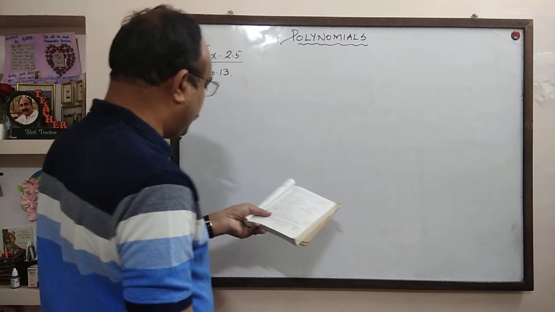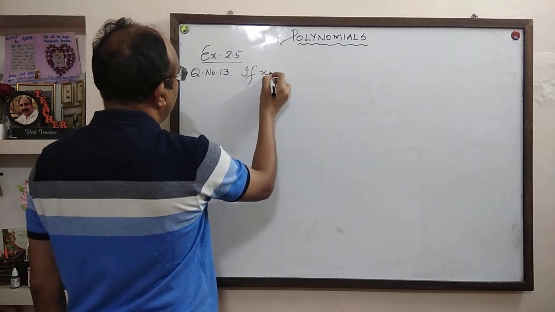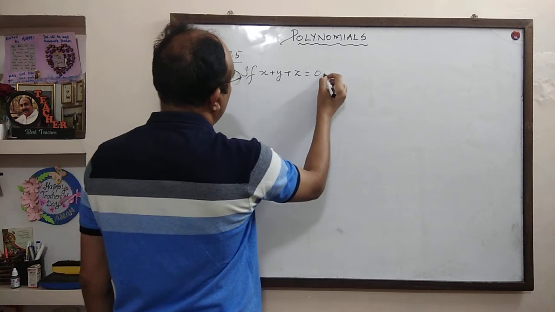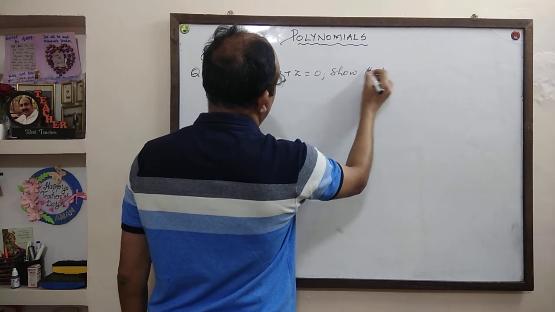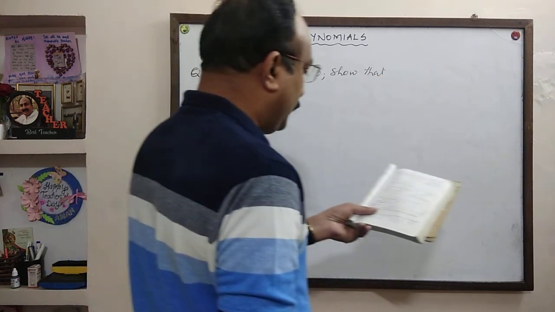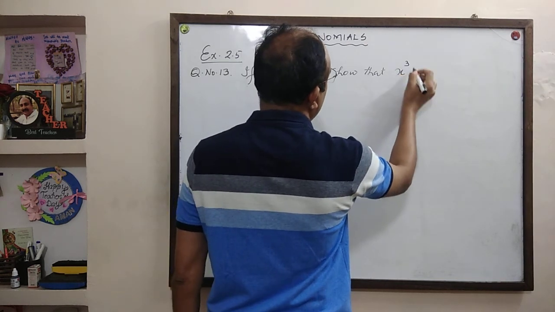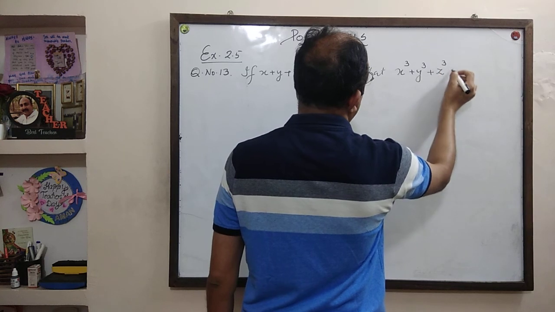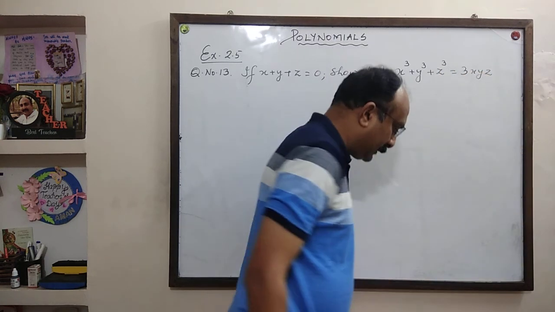if x plus y plus z is equal to 0, show that x cube plus y cube plus z cube is equal to 3xyz.